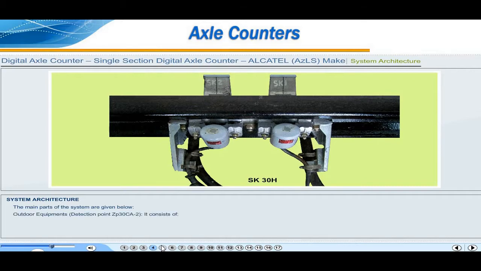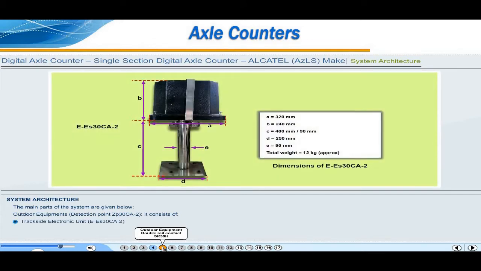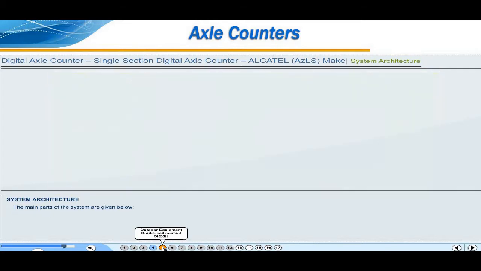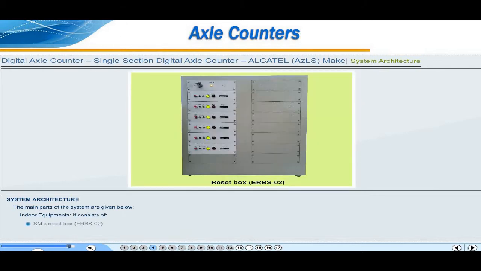Outdoor equipments, that is detection point ZP30CA2. It consists of rail contact, that is SK30H, and trackside electronic unit, that is EES30CA2. Indoor equipments. It consists of vital relay, SM's reset box, that is ERBS02.